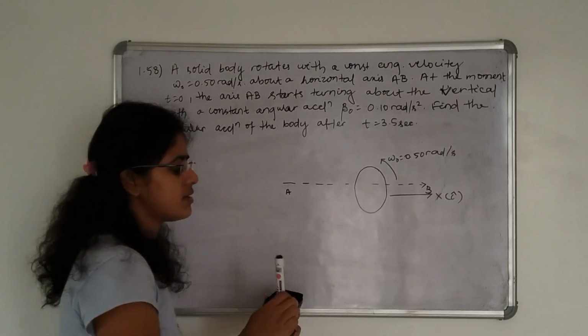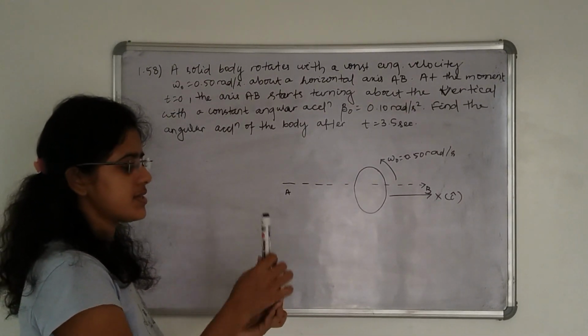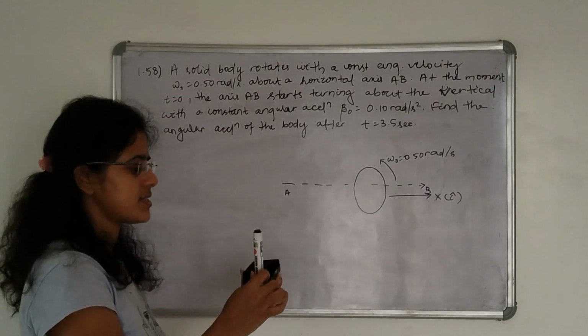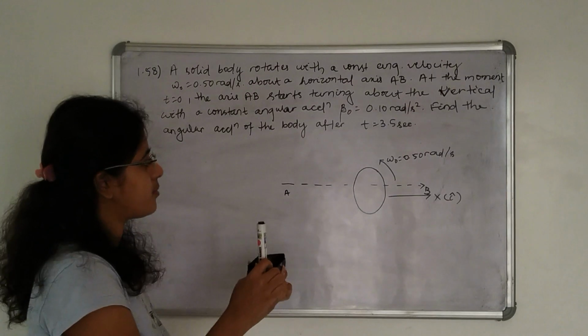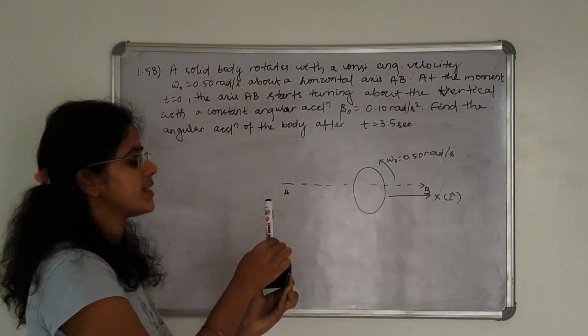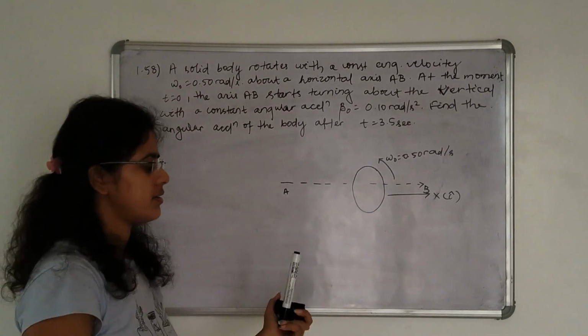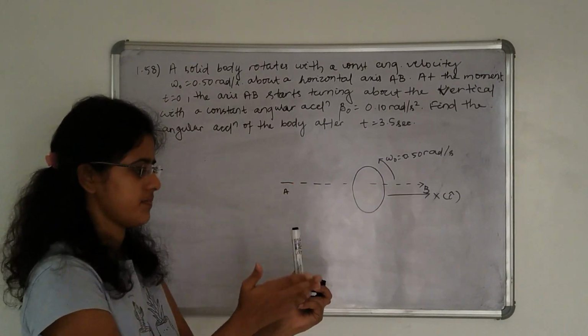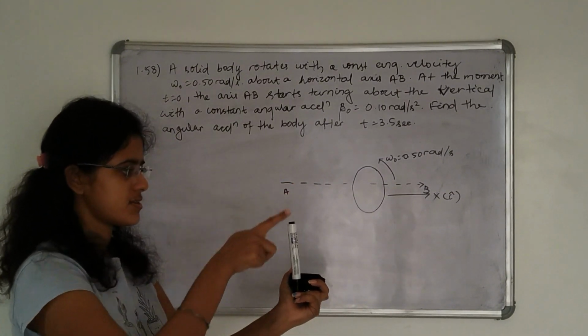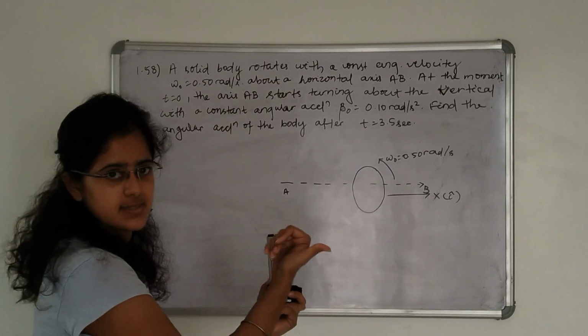Because we have considered this is z axis, this is y axis and this is x axis. Initially the body is rotating about yz plane. That is, it is rotating in this plane along x axis.